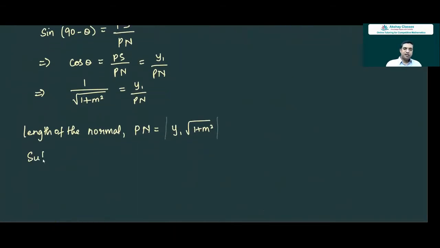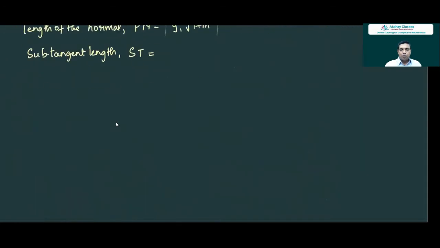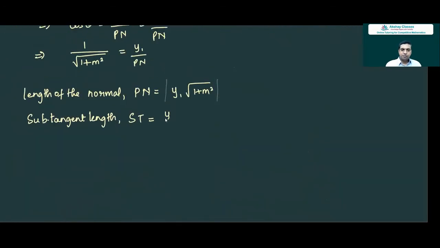So this length ST is called the subtangent length, SN is called the subnormal length. So ST is PS upon m, so y1 upon m. And because it is a length, we take the modulus.